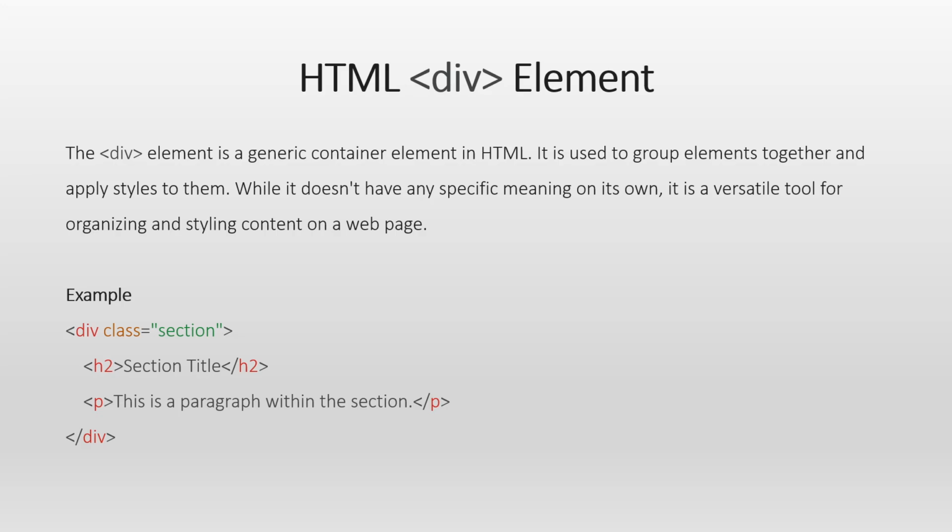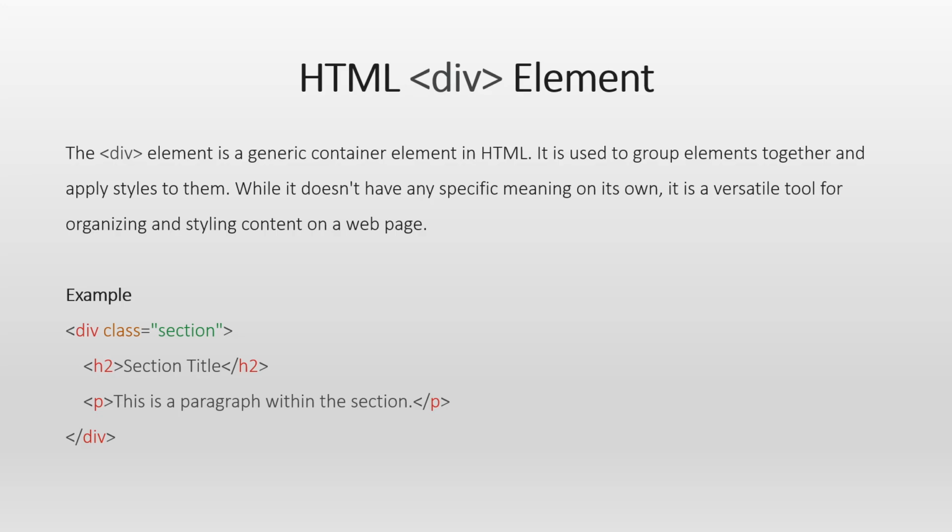Let us see the definition of a div element. The div element is a generic container element in HTML. It is used to group elements and apply styles to them. While it doesn't have any specific meaning on its own, it is a versatile tool for organizing and styling content on the web page. So what is the purpose of this div? It is going to group certain elements. As in the example, let us assume this div is a section.